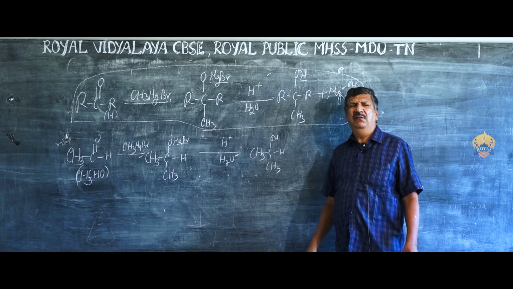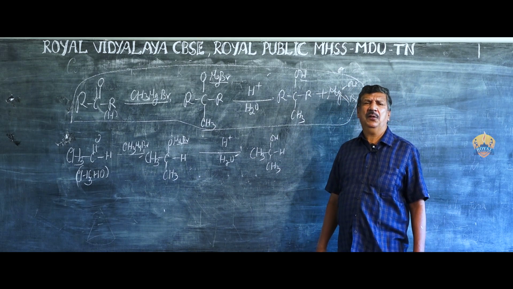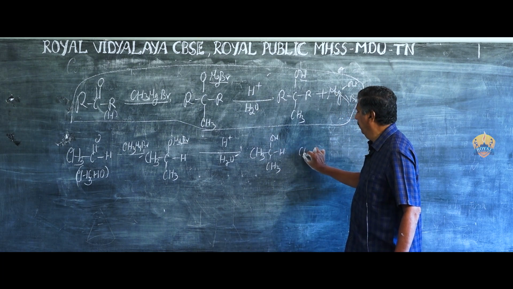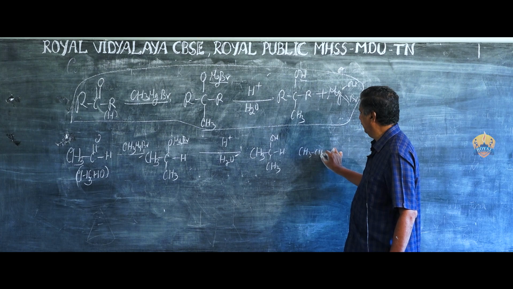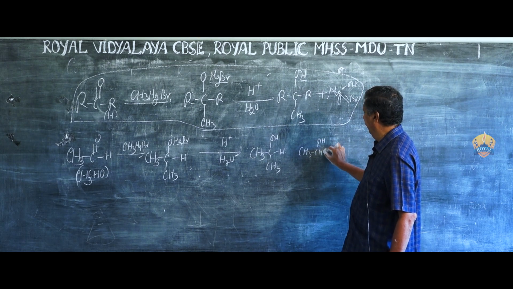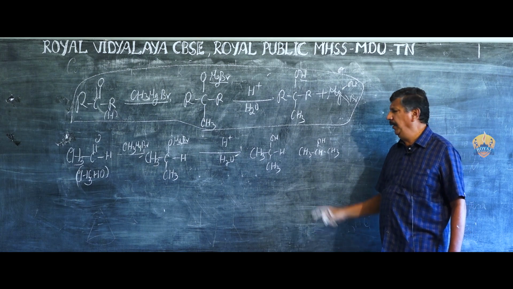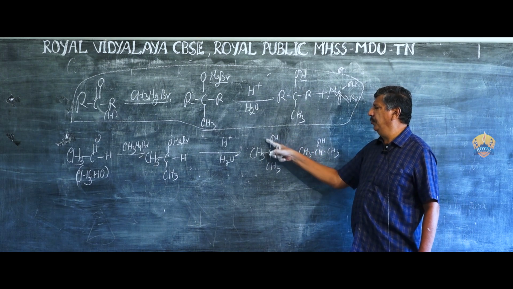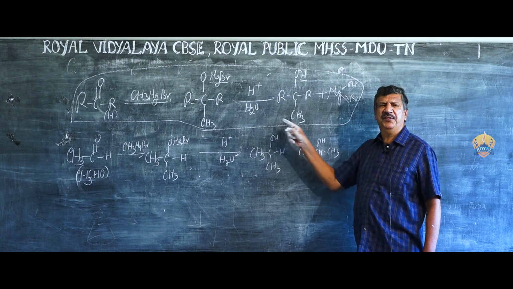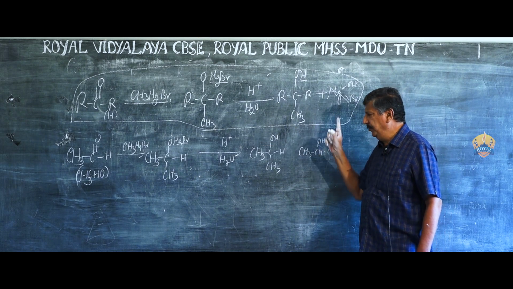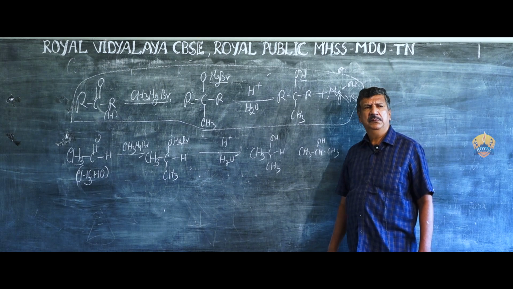Secondary alcohol. That is isopropyl alcohol. If you have any doubt, you view this compound like this. Both are same. Isopropyl alcohol, this belongs to secondary alcohol, CHOH. When you use acetaldehyde, you will get secondary alcohol.